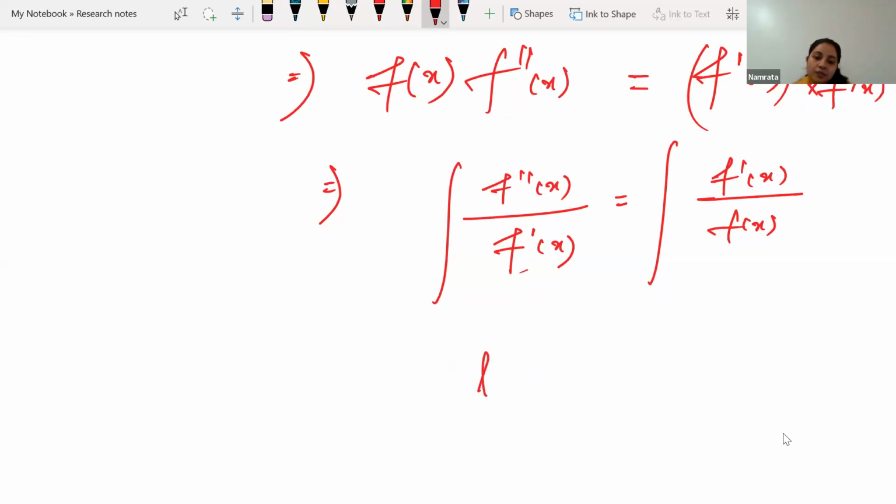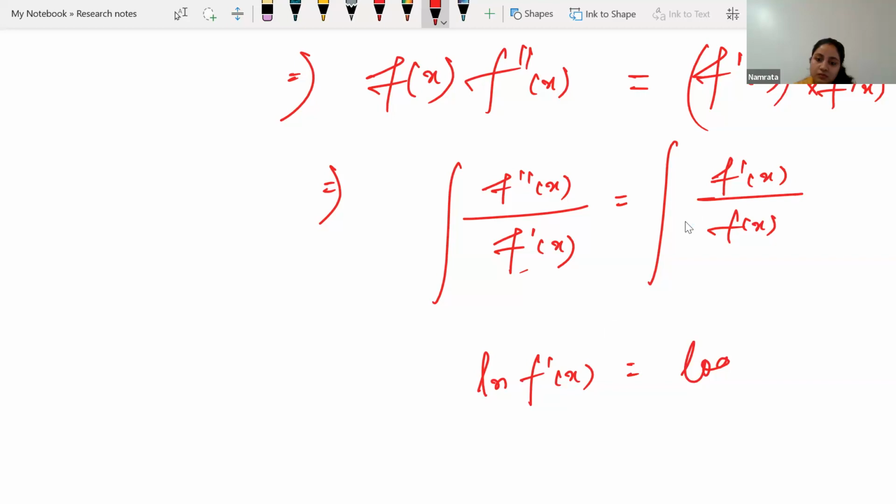So it will be log of f dash x. Yes or no? Let me know. It is equal to log of f of x.